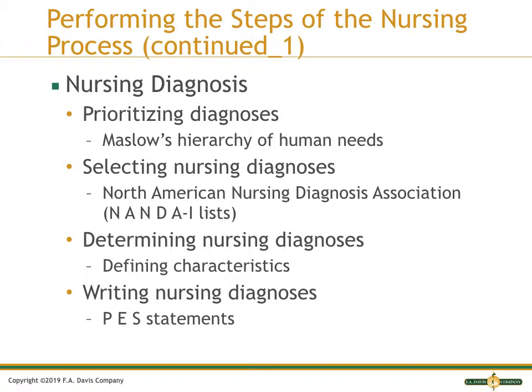And then the signs and symptoms part of that statement is going to include the data collected and the evidence used to support that diagnostic label. So the as evidenced by will be the shortness of breath, etc. See, as evidenced by.